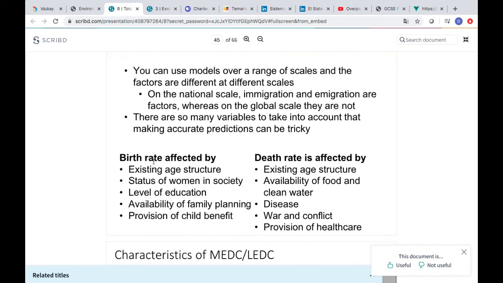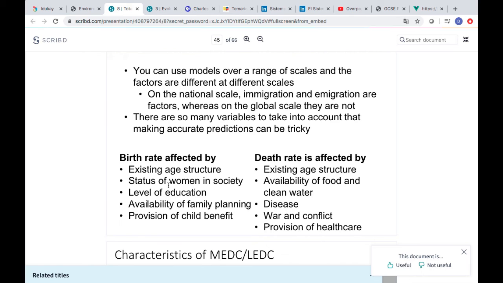So birth rate is affected by existing age structure. If we have more young people that want to have kids, status of women in society, depending on the traditions. Now more women are working, so that is the thing. They don't want kids.